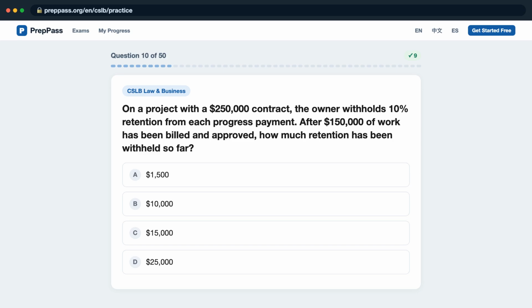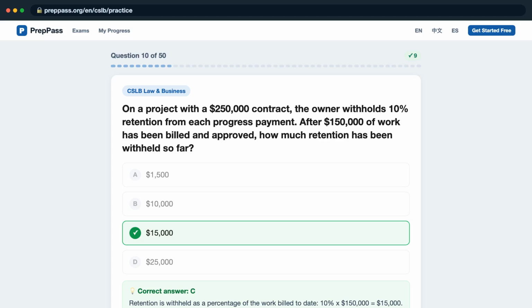C, $15,000? D, $25,000? The correct answer is C. Retention is withheld as a percentage of the work billed to date. 10% x $150,000 equals $15,000. Retention is released after satisfactory completion, typically tied to project acceptance.